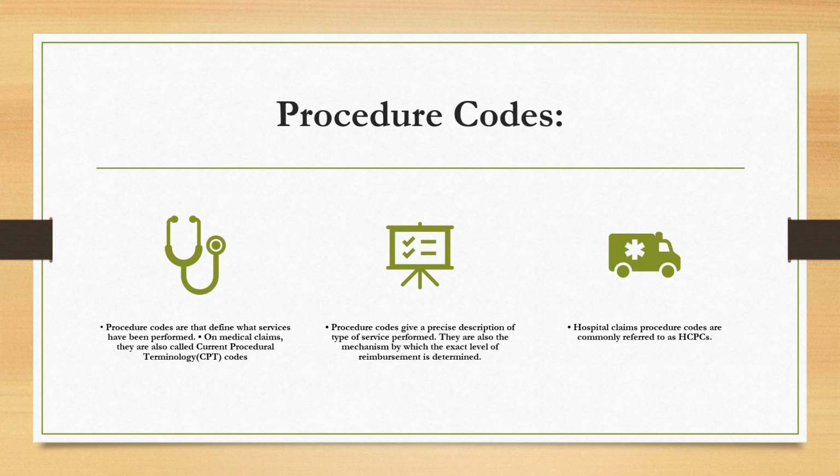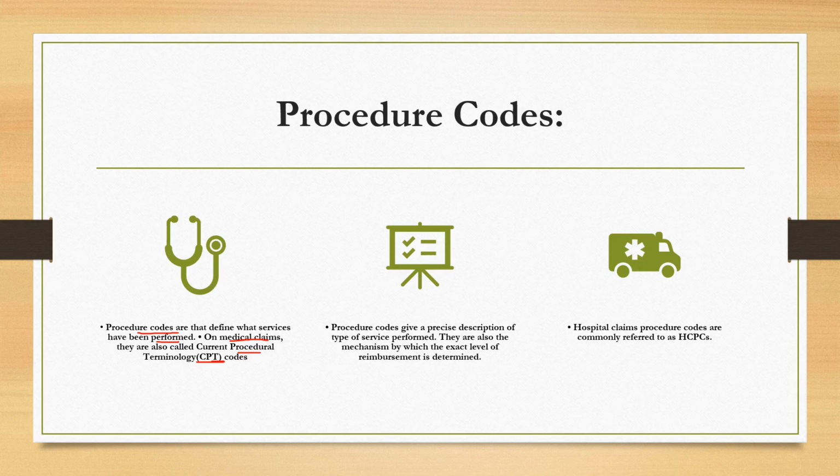Let's talk about procedure codes now. Procedure codes define what services have been performed. So if you are visiting your specialist and you have to go through a surgery or procedure, that defines what services have been performed. On medical claims, they are also called Current Procedural Terminology, CPT codes.